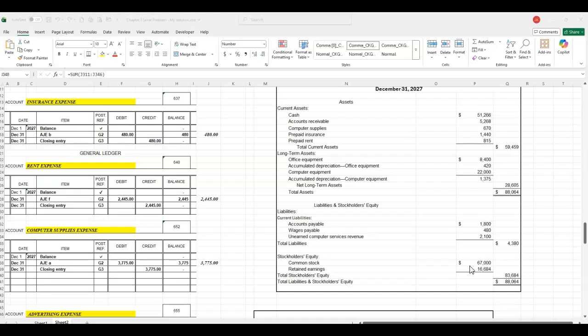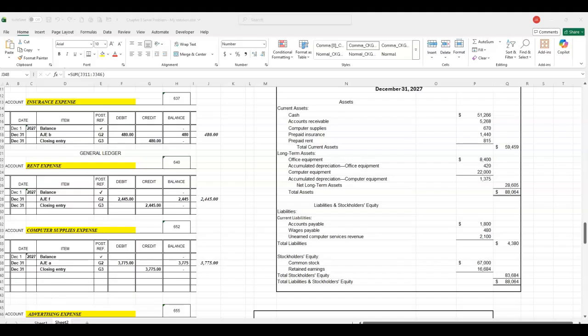Remember, retained earnings has all the information in it that came from all the revenues, expenses, and the dividends that were distributed. All those numbers are melted down and condensed into this one little number here. And so our total assets equals total liabilities and stockholders' equity. So there you go. It's a simple process.